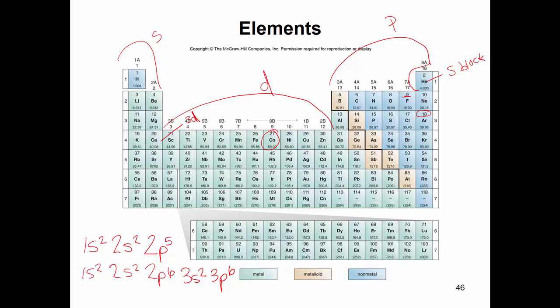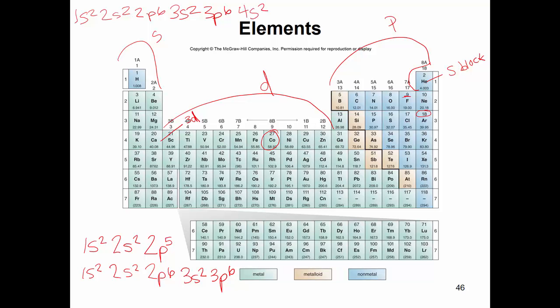Alright, so start way up top. For cobalt, 1s2, 2s2, 2p6. So I just move from here, 1s2, 2s2, 2p6. Then I go through 3s2 and 3p6. Then I move down here and I'm at 4s2.